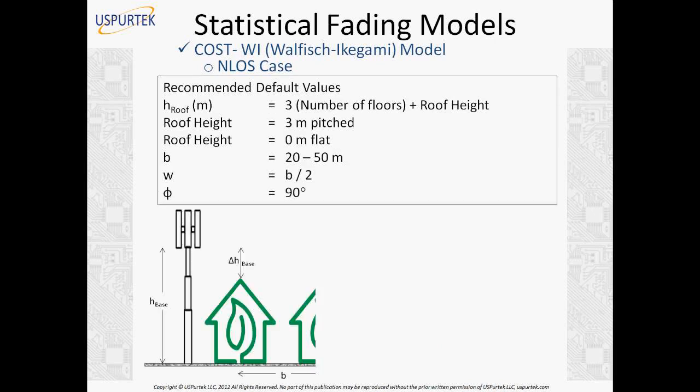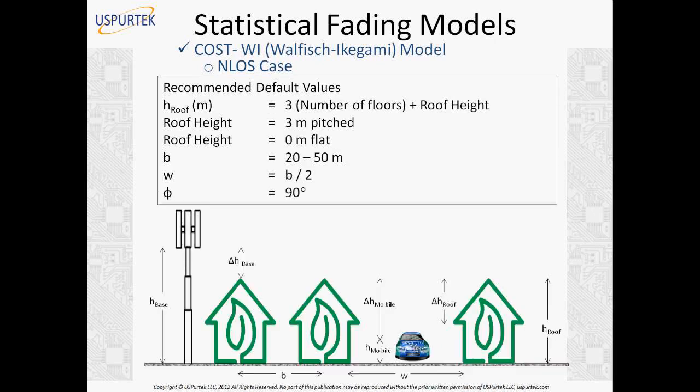If you don't want to go through all those detailed equations, there are some default values which can be used. The roof height is 3 times the number of floors plus the roof height, which is the average. It's a default value you can use, although you can refine your model by changing these values. Roof height is 3 meters for pitched and 0 meters for flat. Pitched means you have a pitch on top of the building.